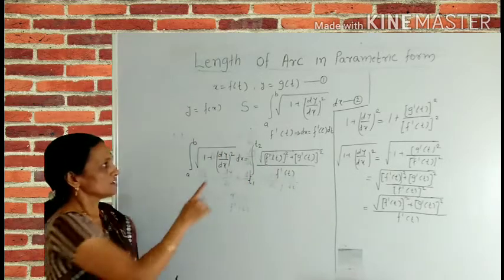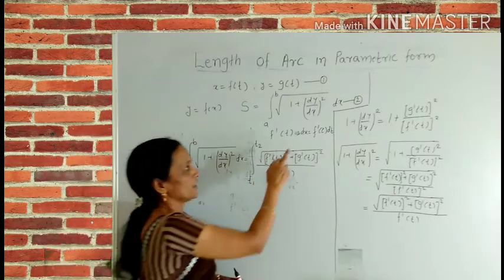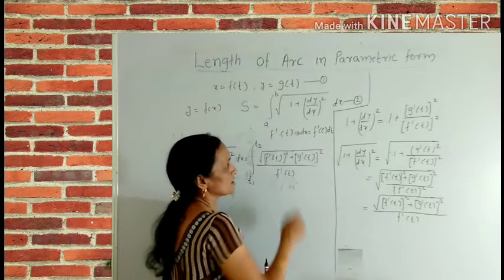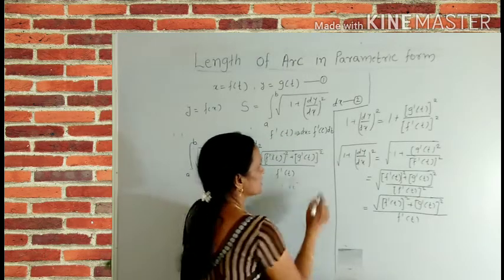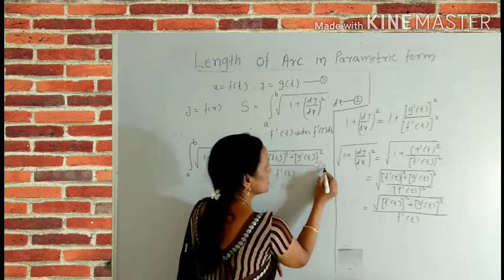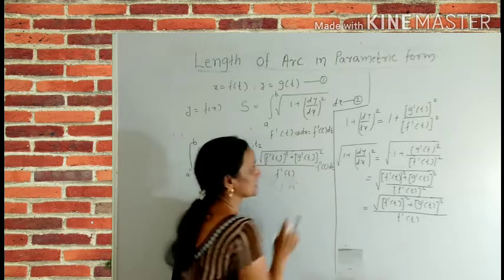We put again the value of dx, and we know that the value of dx is f dash t multiplied by dt.